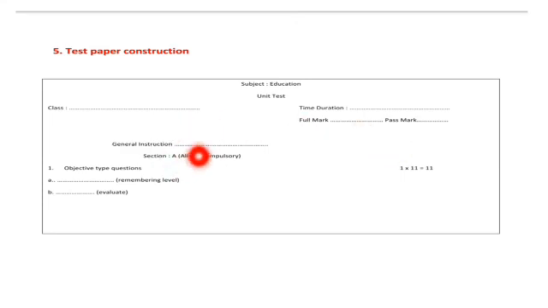Then give the general instructions, like how question papers used to be set, na? Answer all questions of section A and any two from section B. And anyway, you can set it according to your university question paper.